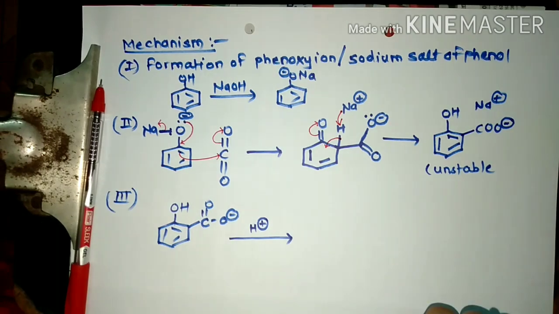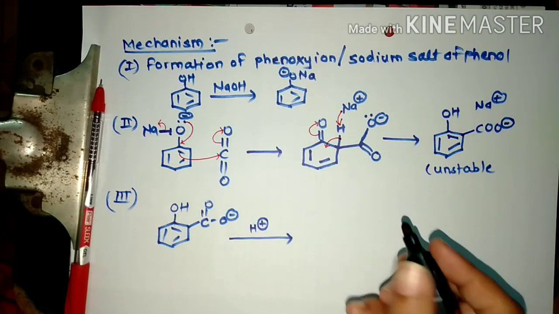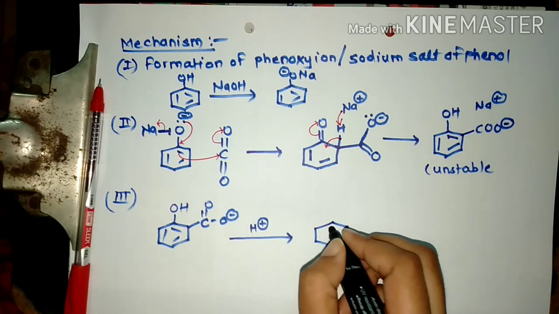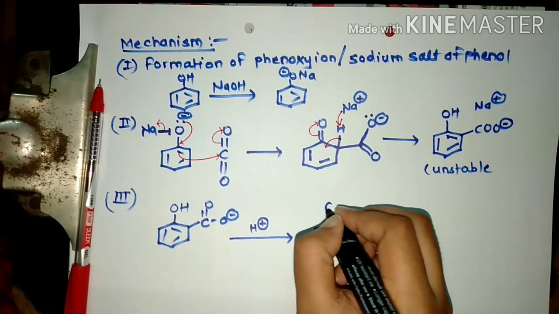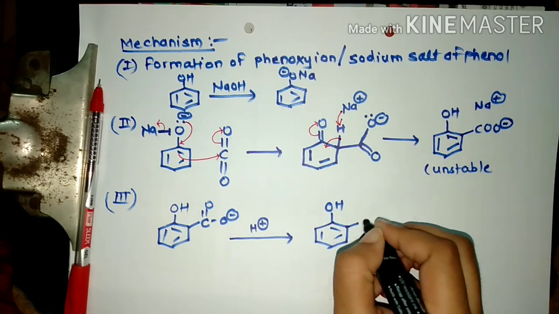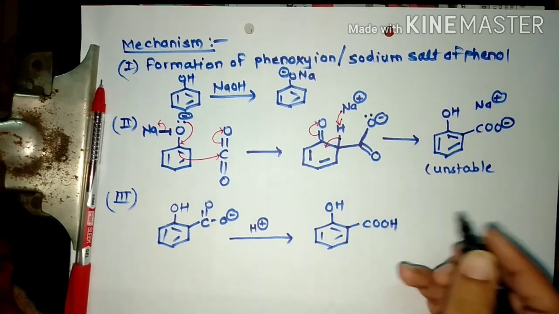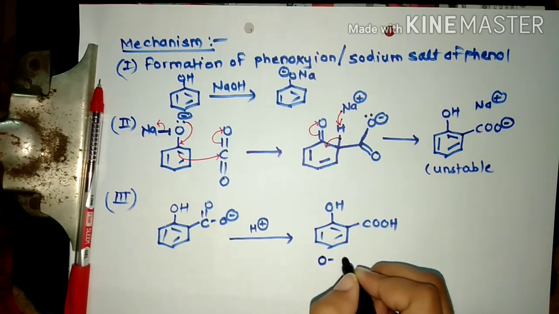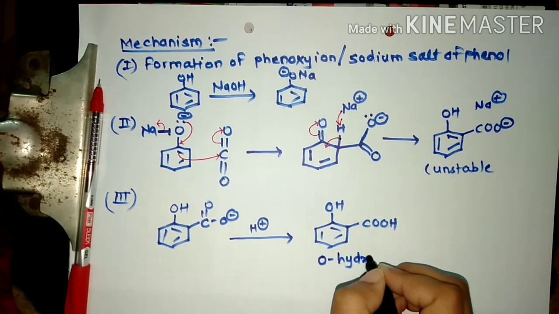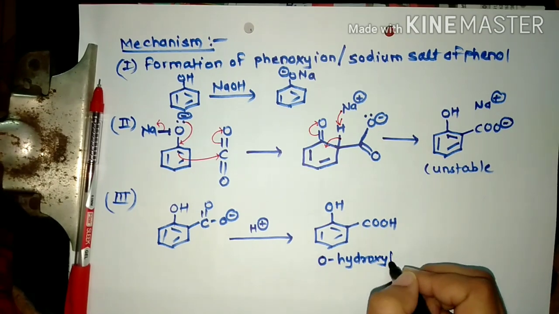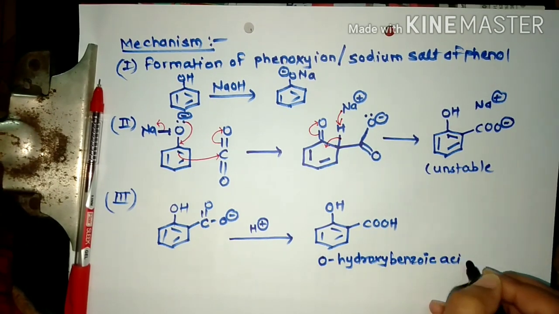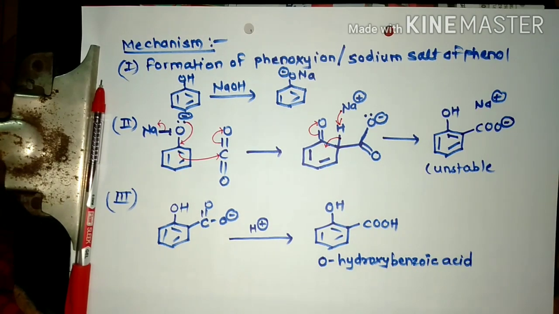Protonation takes place, and in protonation there will be formation of OH, COOH, that is orthohydroxybenzoic acid, which is also known as salicylic acid.